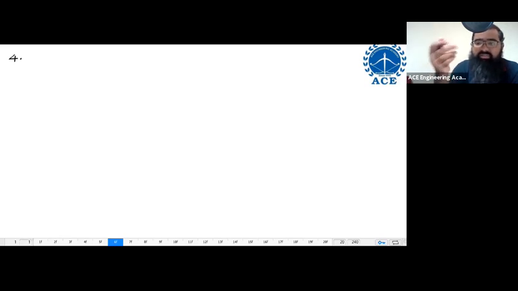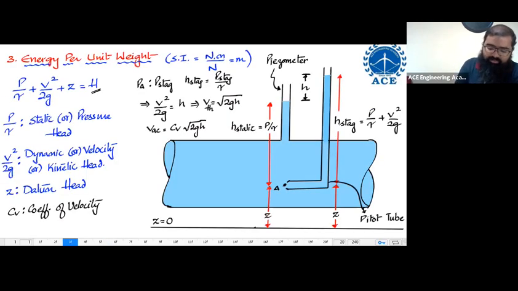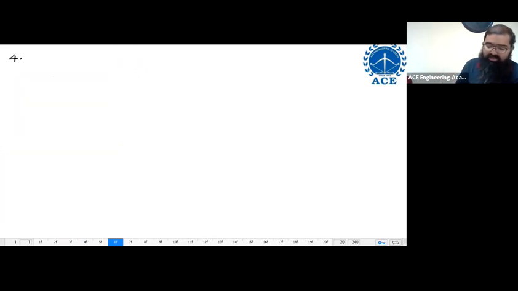These things will be involved in a flow. But look at the Bernoulli equation. It is not mentioning anything regarding turbine or pump. So now in this particular slide, we are going to overcome that limitation.